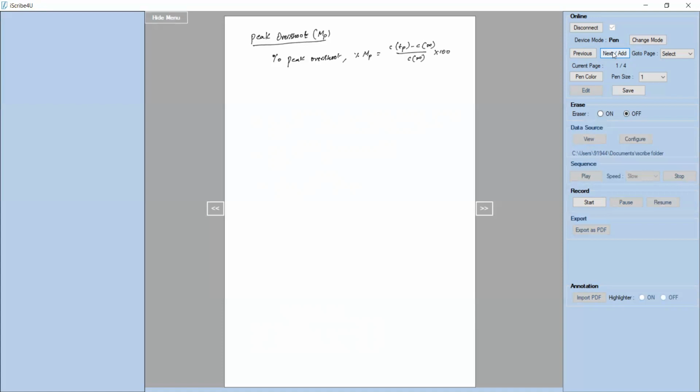This is according to the time domain specification definition. We have percentage overshoot given by this equation. Okay, so here, what is C of Tp? C of Tp is the peak response at t is equal to tp.